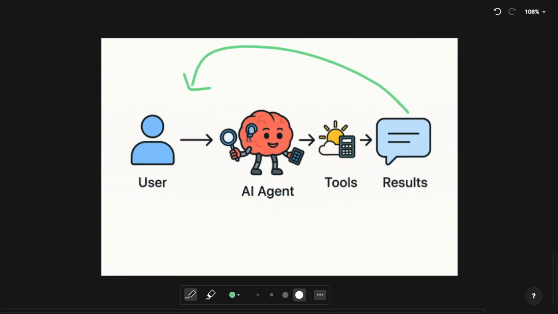Today we're going to build a simple AI agent that can search the web for information, check the current weather of any city, and solve math problems. We will use the LangChain framework, which makes it easy to connect the language model to the tools. So let's jump to the code and build it from scratch.